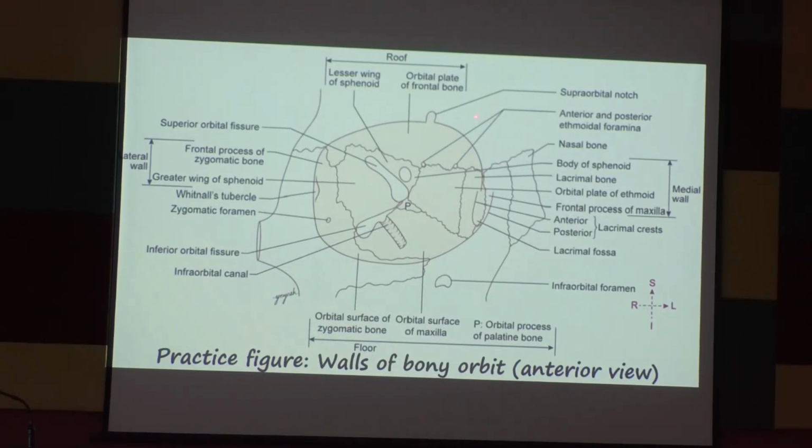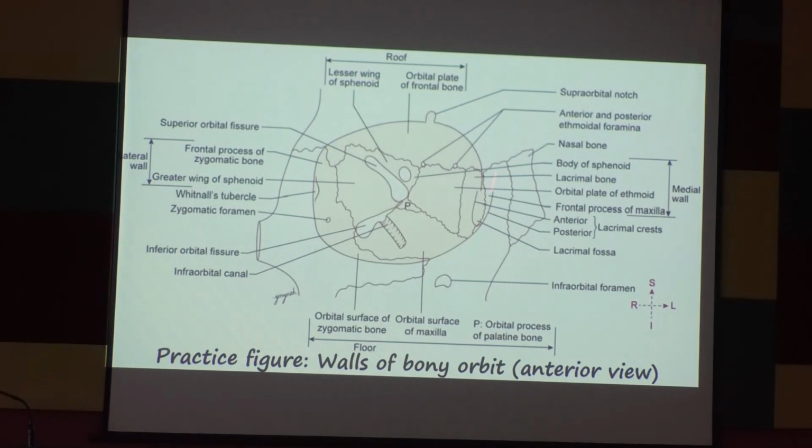This is the apex and this margin is the base. Up to here it is frontal bone, here is nasal bone, this is the frontal process of the maxilla, this small part is the lacrimal bone, and here is the lacrimal fossa, and these lines are the anterior and posterior lacrimal crests.